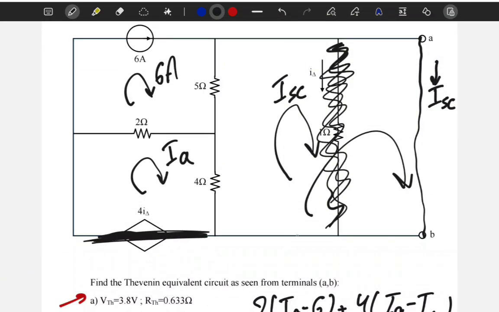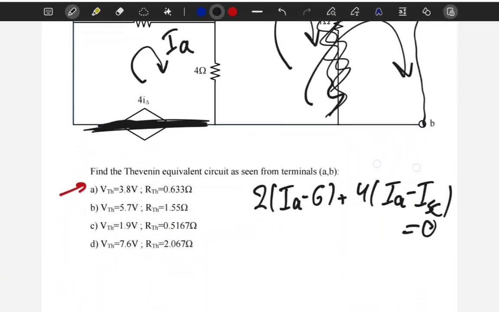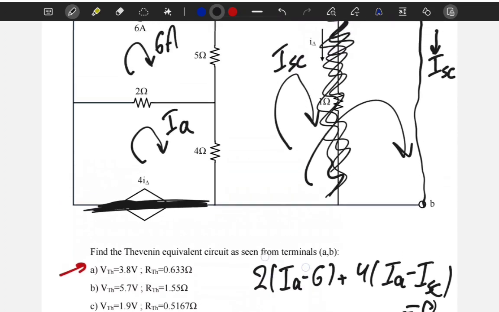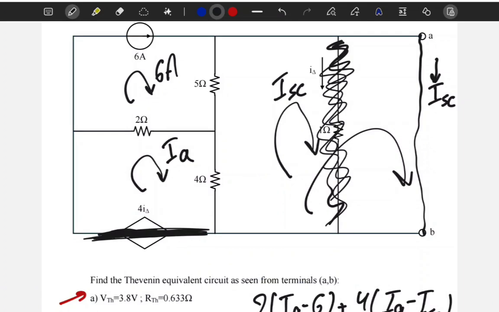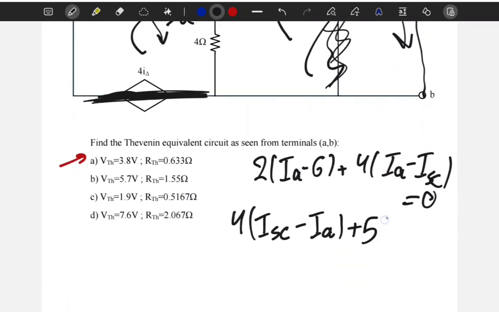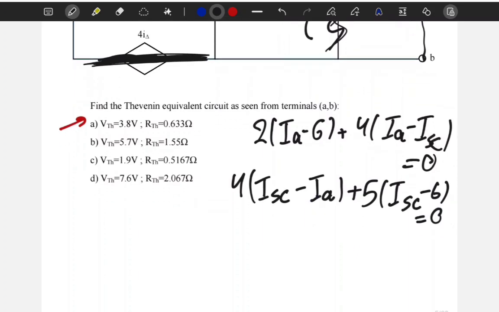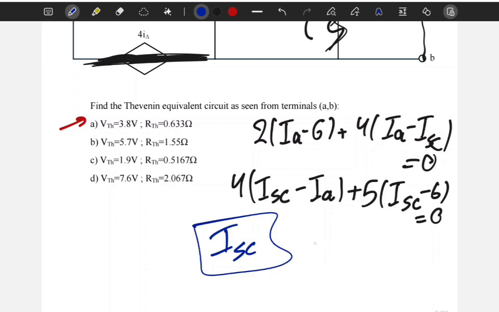And then we do the mesh in I short circuit. So 4 into I short circuit minus IA, plus 5 into I short circuit, minus 6. This is all gonna be equal to 0. Now we have equation 1 and equation 2, and again, you're gonna solve it. You're gonna find I short circuit and IA.